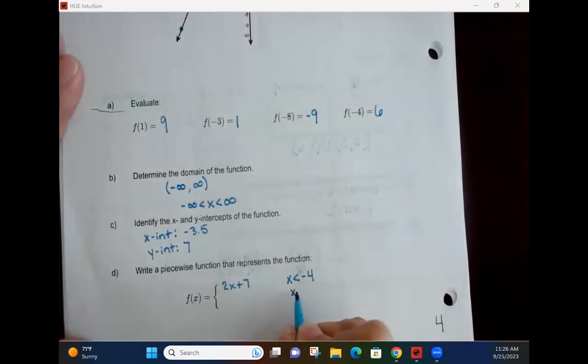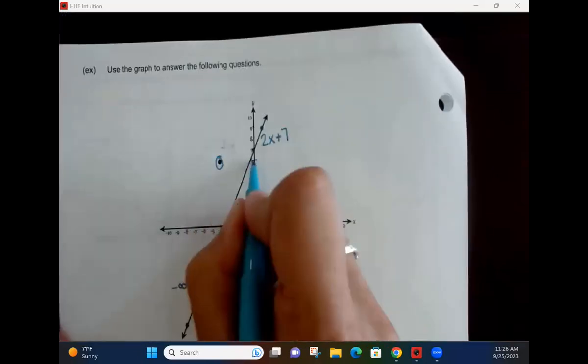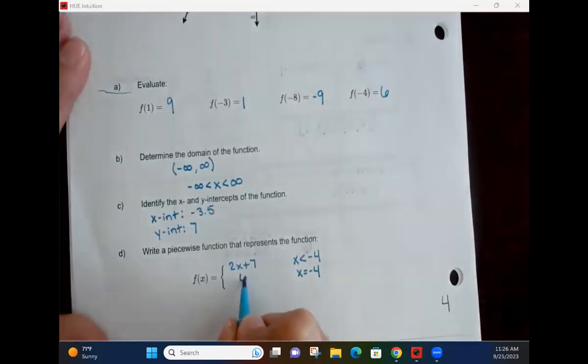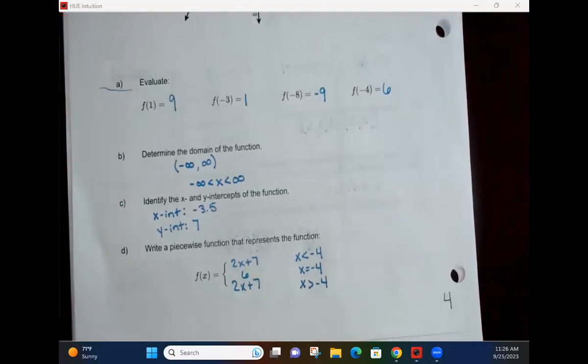And then when x is equal to -4, my y value is 6. And then when x is bigger than -4, we go back to our line, 2x plus 7.